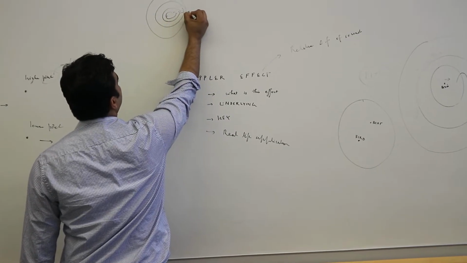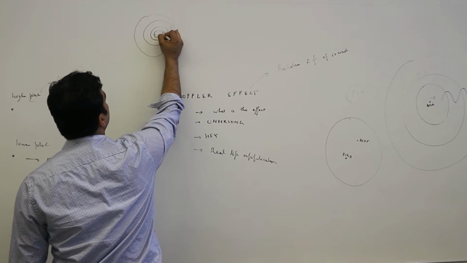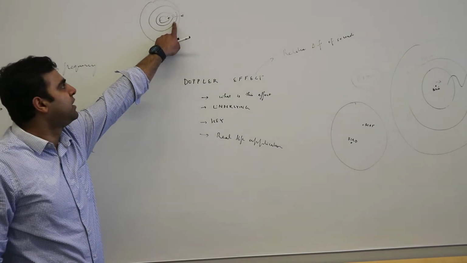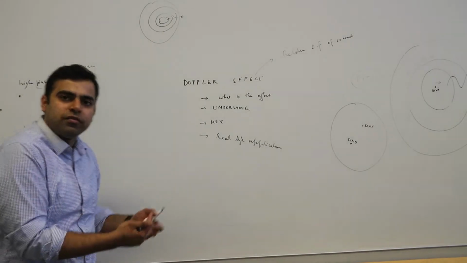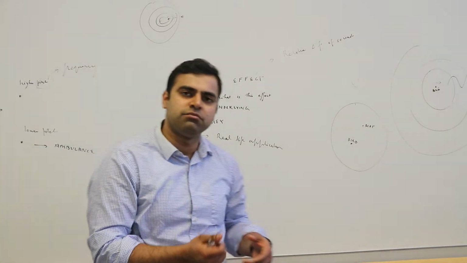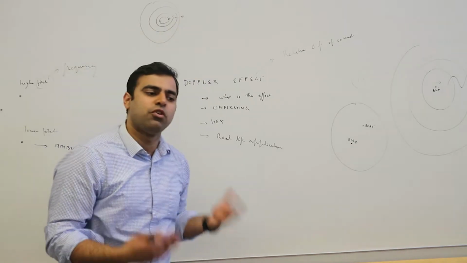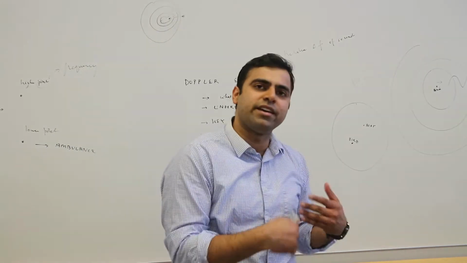So you see, if this is the observer and this is the source, there is less gap between these wave fronts. They will hit your eardrum more frequently, in shorter time intervals. So what you will observe is a higher pitch.